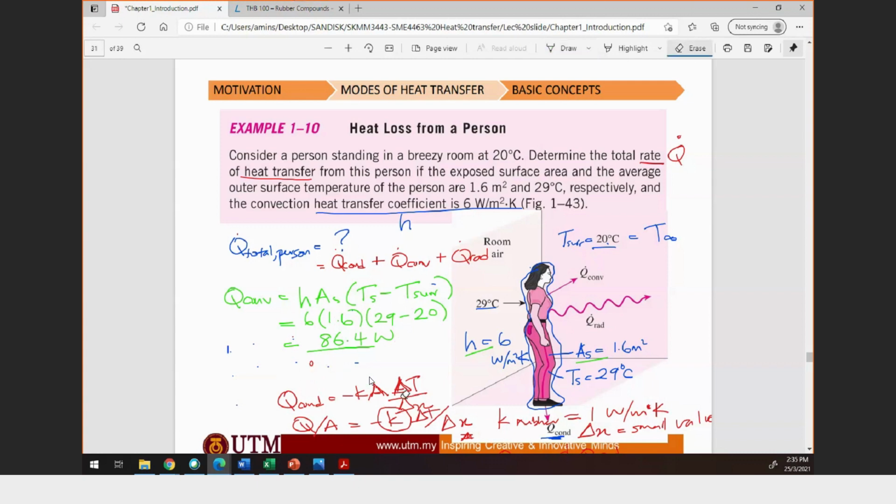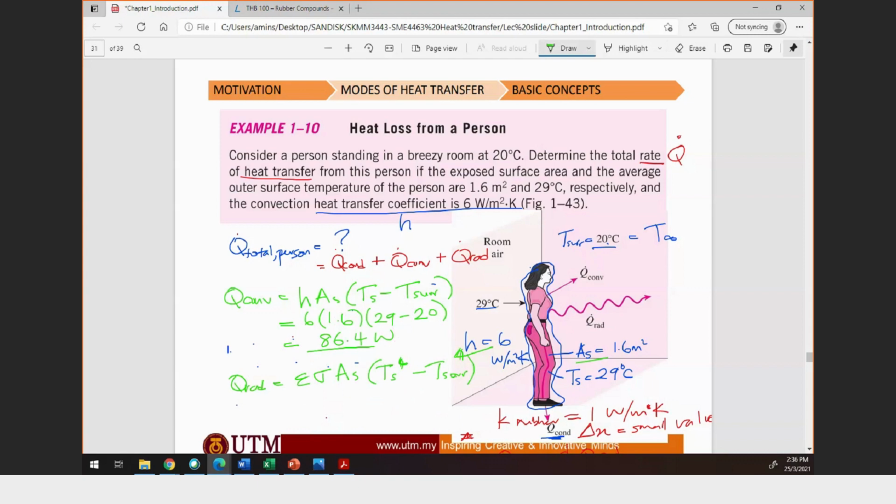For the radiation, you use the equation that has multiple surfaces: emissivity times Stefan-Boltzmann constant times the area, times T_s to the power of 4 minus T surrounding to the power of 4.